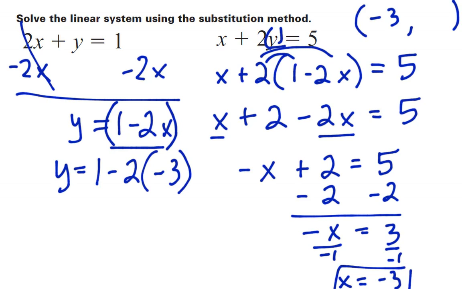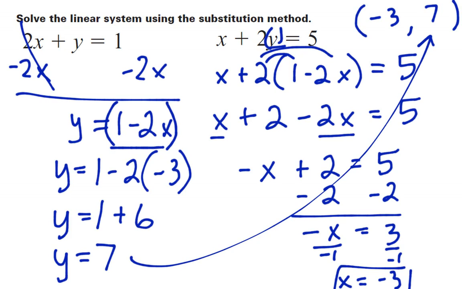So I will now simplify the right side and should have the value of y for the solution. Negative 2 times negative 3 is actually positive 6, and so the solution should be y equals 7. So then I can bring that up here and put it in my solution, and I know that those two lines should cross each other at negative 3, 7.